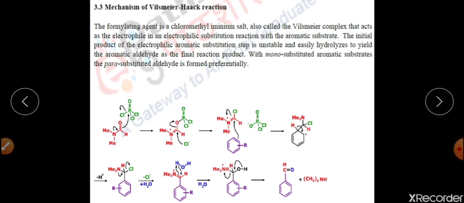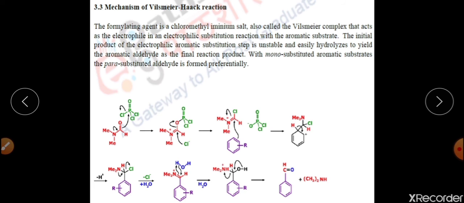Now the aromatic electrophilic substitution reaction will start here, and this particular bond will now attack on this carbon with the movement of electrons from N double bond C to nitrogen, and finally the H positive will be eliminated from here, and this will form this particular compound, right?